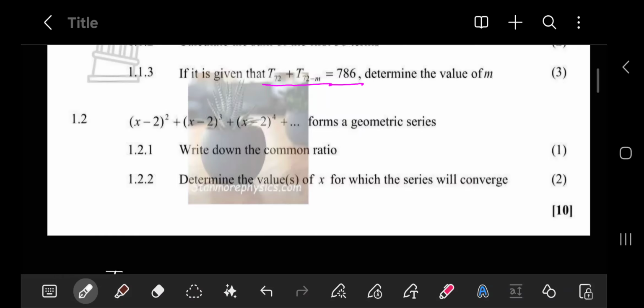Now 1.2.2 says determine the values of x for which the series will converge. I've mentioned this in a previous video where I said that in order for a series to converge, r must lie between -1 and +1. And I would actually suggest that you write that down.